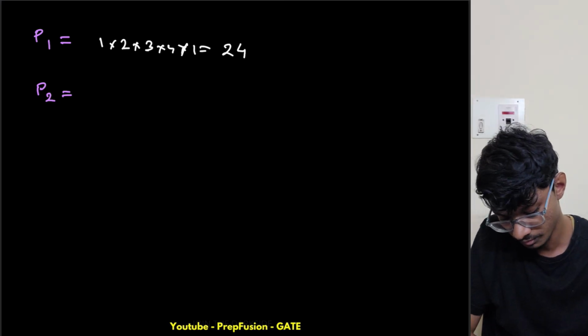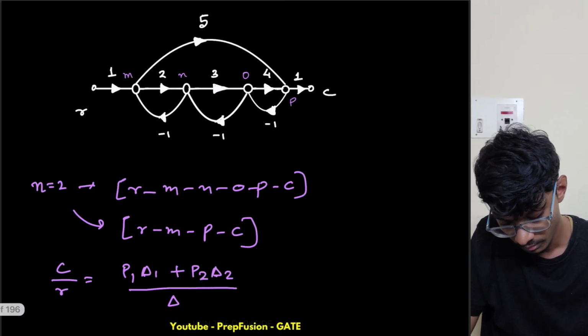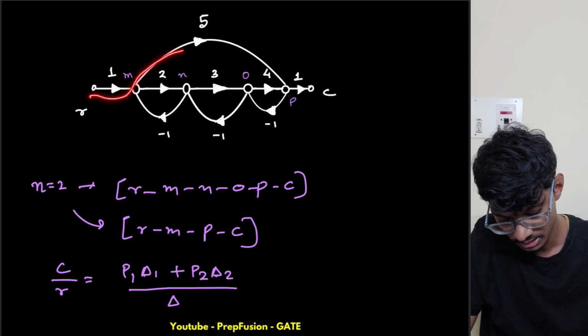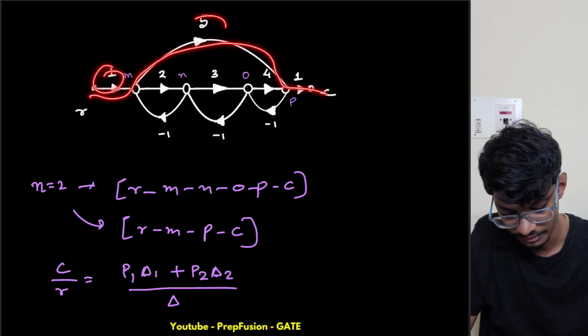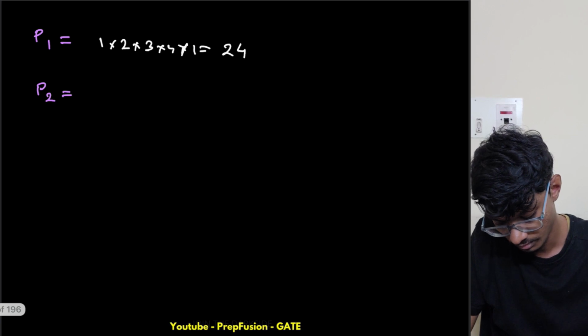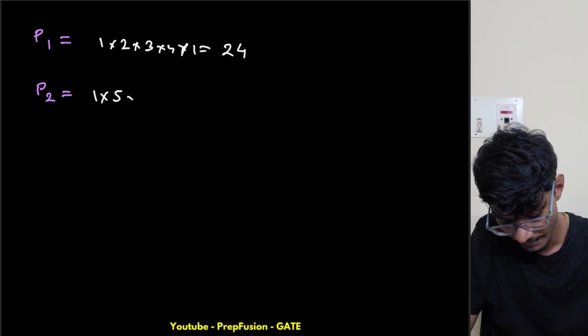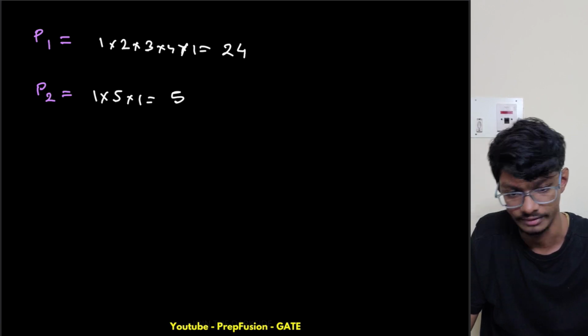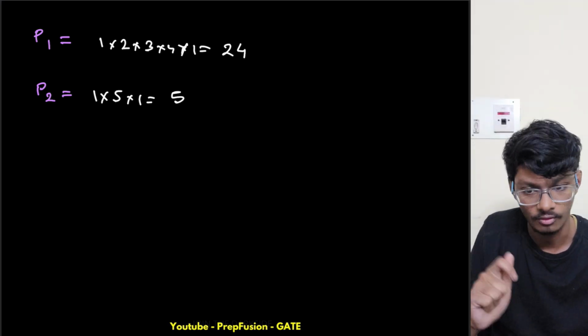What is P2? P2 is simply this path, so it is 1 times 5 times 1, which is simply 5. So these are our forward path gains.